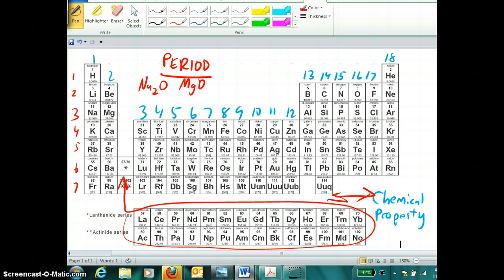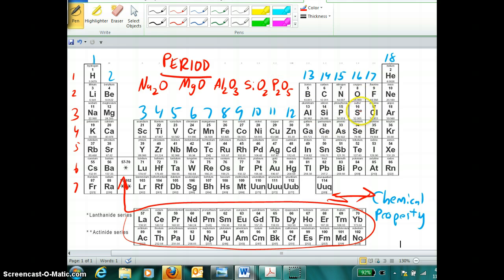It reacts with oxygen in a 1-to-1 ratio. The third member, if I skip right across to group 13, aluminum, behaves differently still. It forms compounds with oxygen in a 3-to-2 ratio. Silicon, a 1-to-2 ratio, different than any I've seen thus far. Phosphorus, a 2-to-5 ratio. Sulfur, well, it all depends.